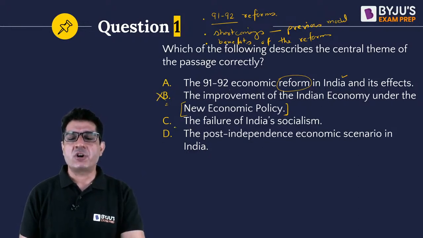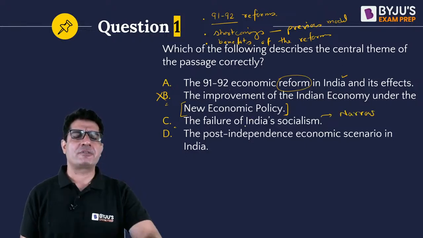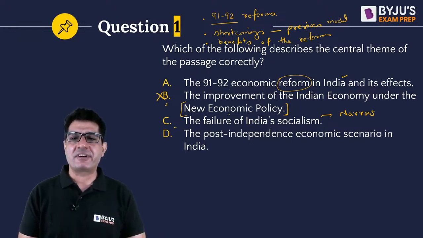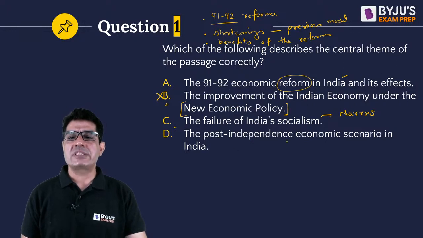C talks about the failure of India's socialism, that is narrow, as it talks about only a part of the passage and it misses out on the all important reform related factor. Then D says the post independence economic scenario in India. This is something that I will consider very broad.